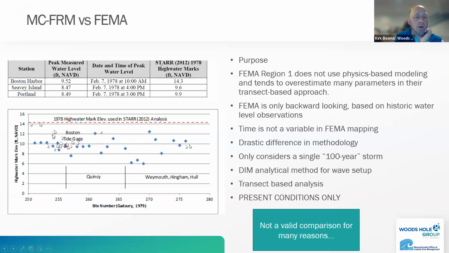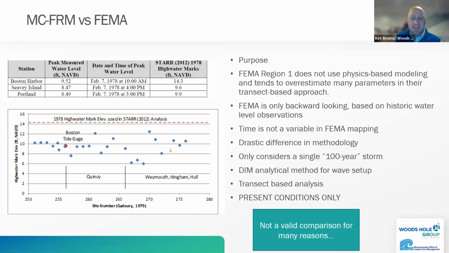And the high water mark used by the FEMA analysis, they just picked one, was very, very high up here at 14.3. You can see that the measured water level in Boston Harbor is 9.52, but they used 14.3. This is one of the reasons we were successful in remapping some of the Boston area LOMR information. Because they're using historical data and not a physics-based approach, there are assumptions that went into this that create some discrepancies.